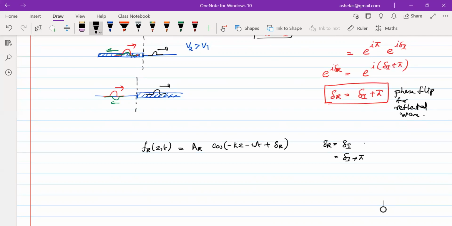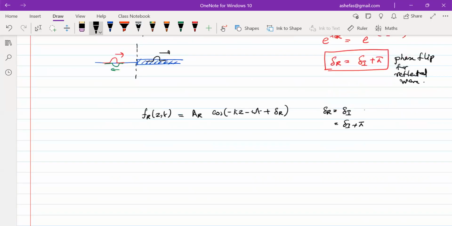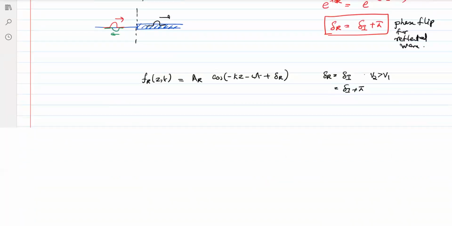It is, if V2 is greater than V1, delta R is equal to delta I, and if V2 is less than V1, this is the situation.